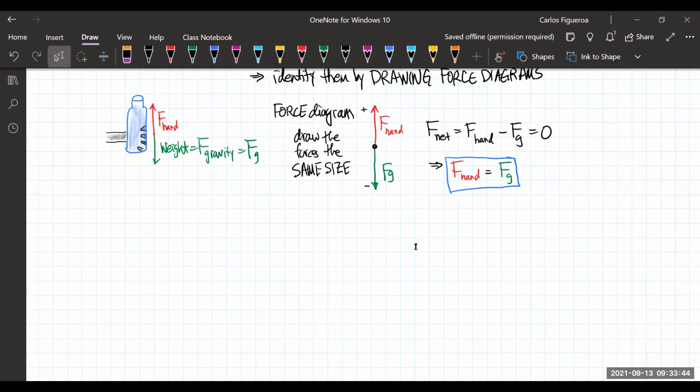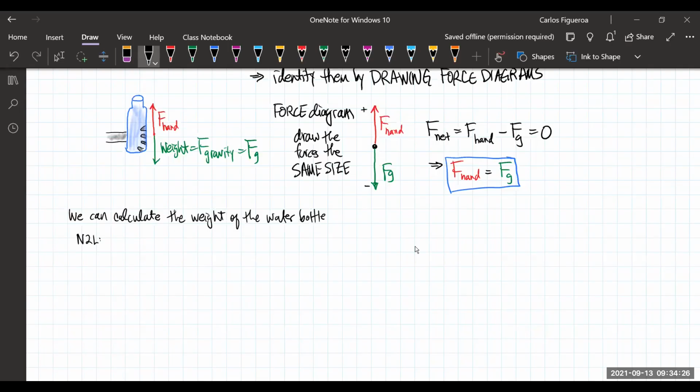So one of the things that we can do here is calculate the weight of the water bottle. A lot of times we don't understand what we mean by weight. This is what we mean by weight. And the way we do this is that we have to start off with N2L.